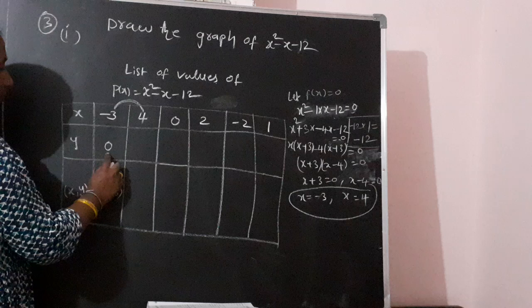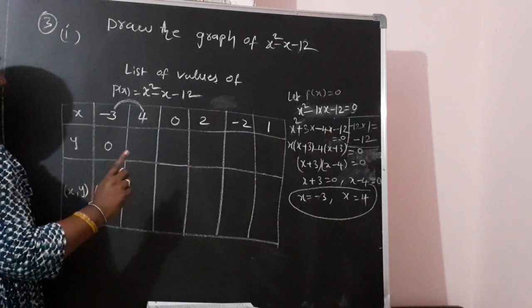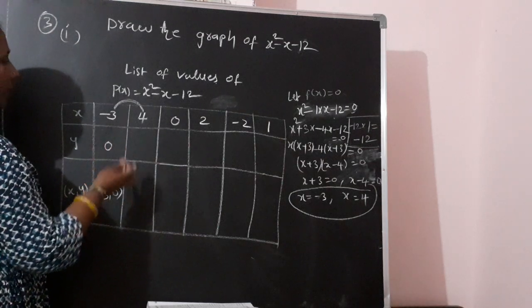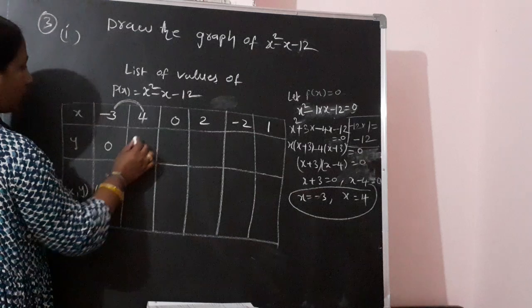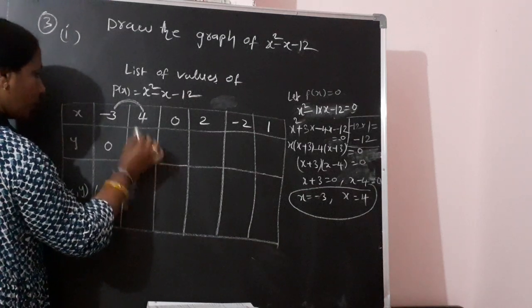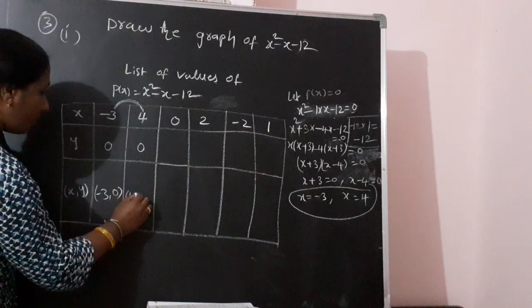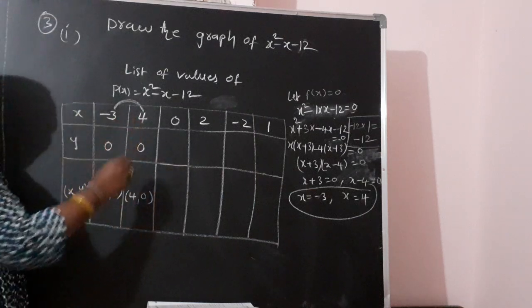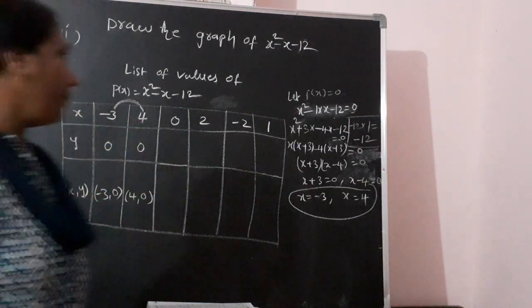So -3 comma 0. You don't need to substitute, you can directly write that. Similarly, when x equals 4, y will be 0, so 4 comma 0. Only the remaining ones you have to simplify.